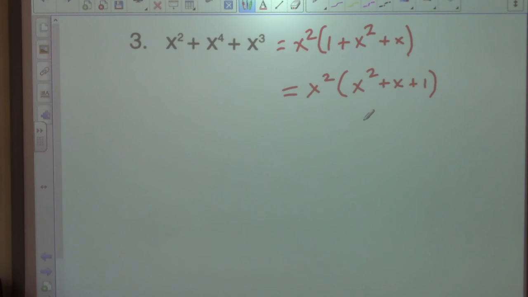Because there aren't two factors I can make. Sometimes the quadratic trinomial you can factor into two linear binomials. We can't do that here. So we're just left with what we have here. This is going to have to suffice as our final answer for this one. But as far as the rewriting in standard form, did you see that? That should be pretty easy to do.